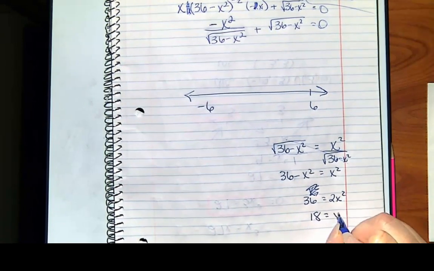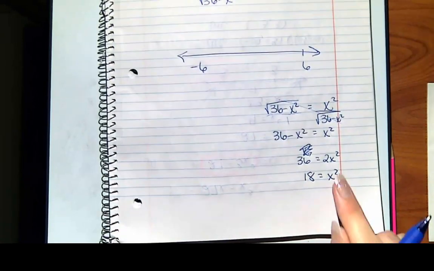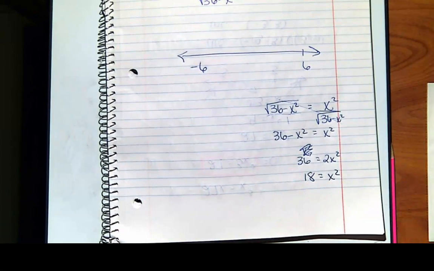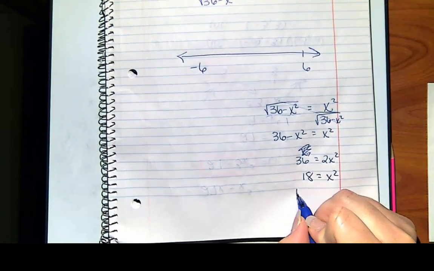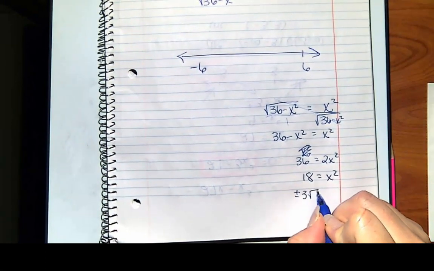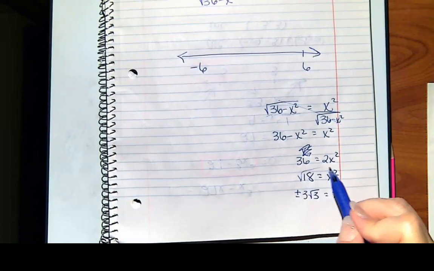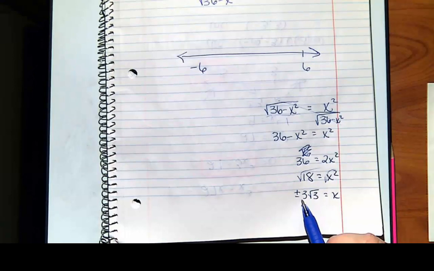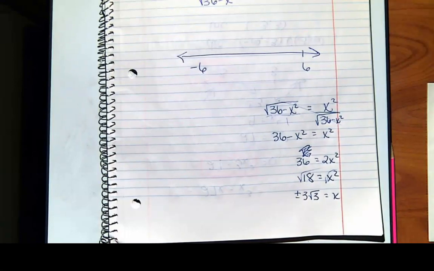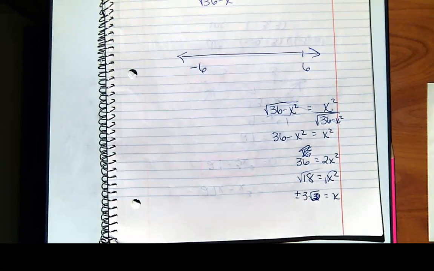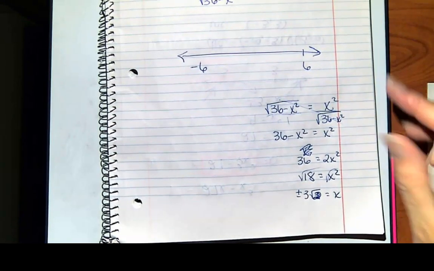So 18 is x squared, because I divided by 2, which means I will get plus or minus 3 square root of 2 is x. Because you take the square root, the 9 comes out and becomes a 3, the 2 stays inside. Good heavens, 2. All right, so 9 times 2.